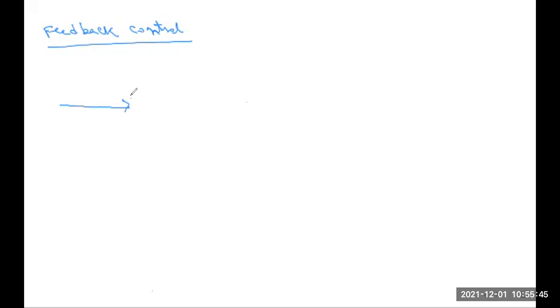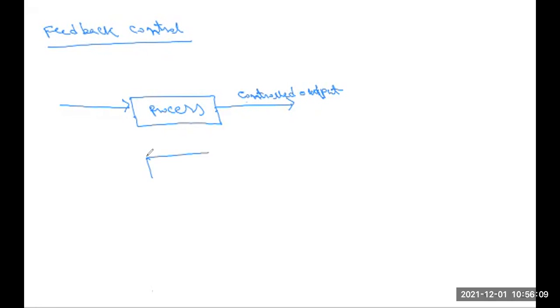First, we have to attach this process or plant. This is the output section. Then a feedback is also attached, which is the controller part. This is connected from the output to the input.